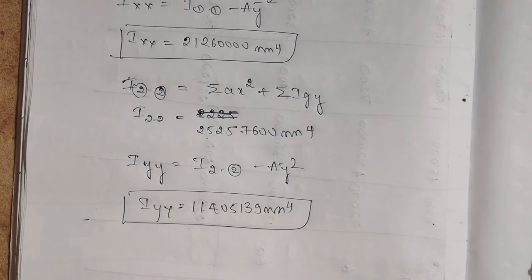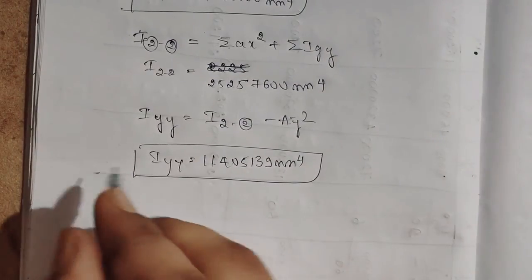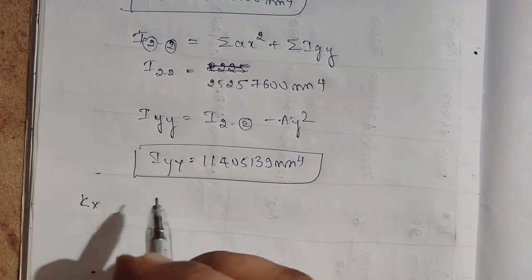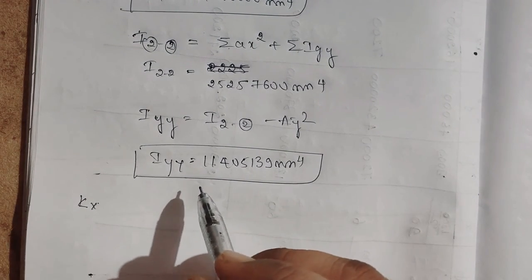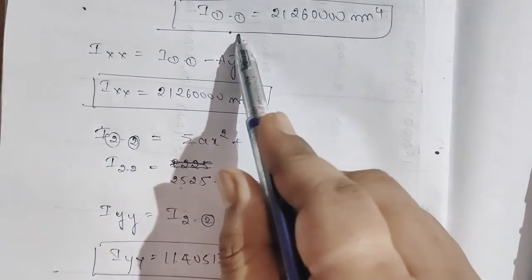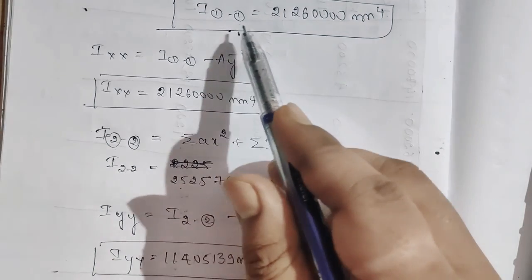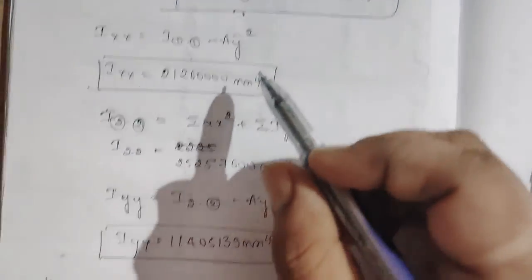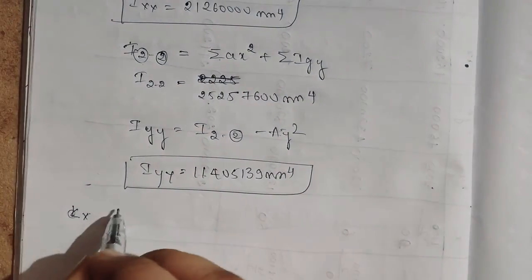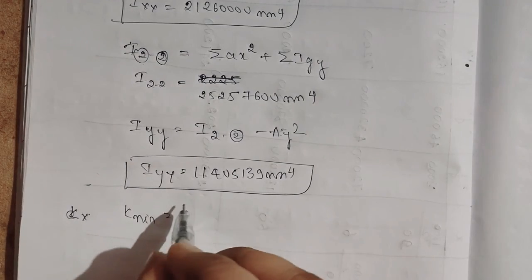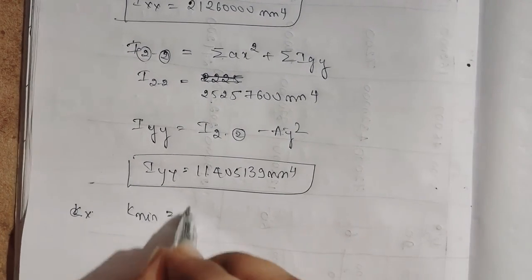So now you calculate the kxx value. You can directly find it out. IXX, IYY, and also I11, which is the least value, give the least radius of gyration, so k minimum. You can directly find it, or you can find all three.